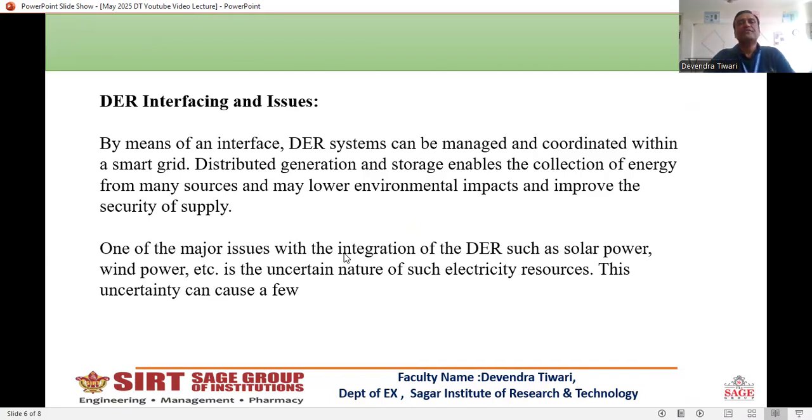Distributed generation and storage enables the collection of energy from many sources and may lower environmental impacts and improve the security of supply. Some issues are there. One of the major issues with the integration of DER, such as solar power and wind power, is the uncertain nature of such electricity resources, because these sources depend on nature. This uncertainty can cause an issue, but it is very limited.